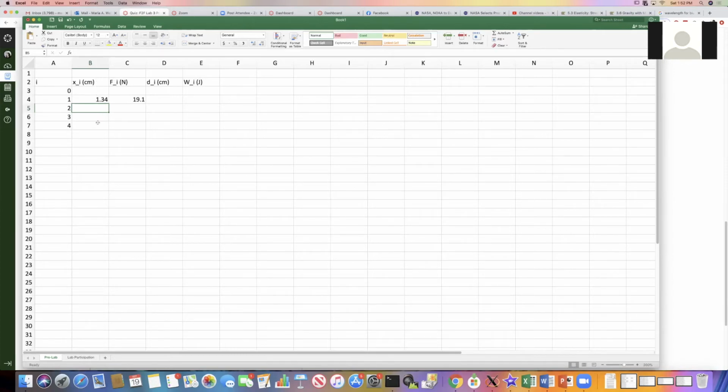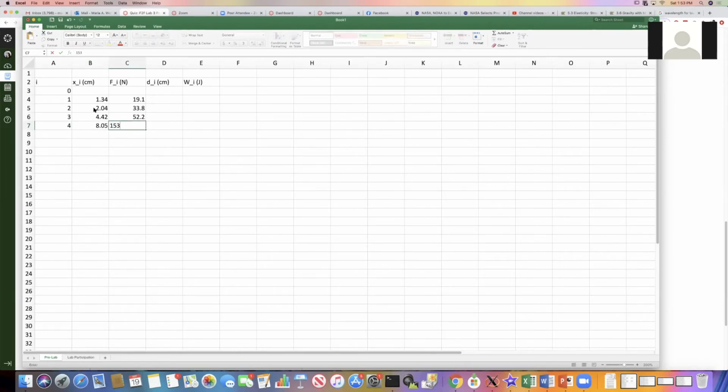That tells me that every number I'm putting in this column has that same unit. For my second measurement, I stretch my spring 2.04 centimeters from equilibrium, which required a force of 33.8 newtons. For my third measurement, I stretch the spring 4.42 centimeters, which required a force of 52.2 newtons. And for the final one, I stretched a total of 8.05 centimeters from equilibrium, which required a lot of force, 153 newtons.